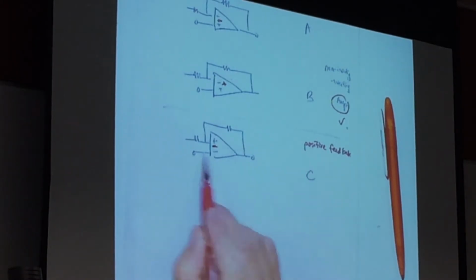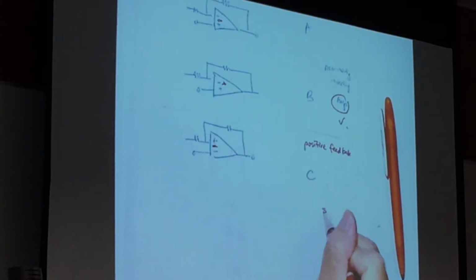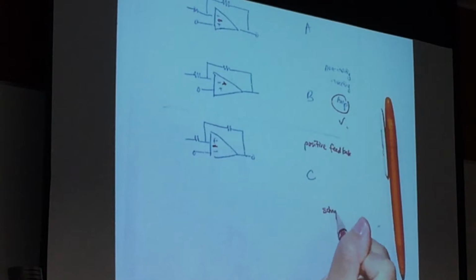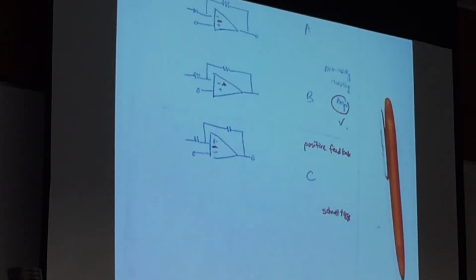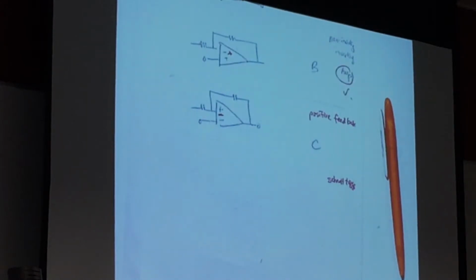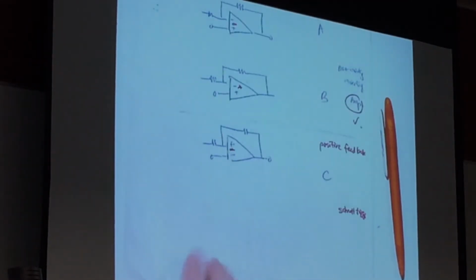Now, whenever it goes to the positive branch, it is called a Schmitt trigger. Is that clear? Now class, as to which one is inverting or non-inverting, look at these two. They are supposedly configured as your amplifier.